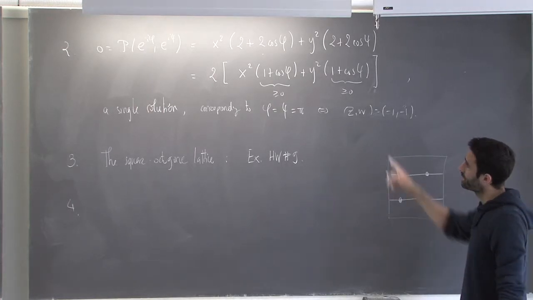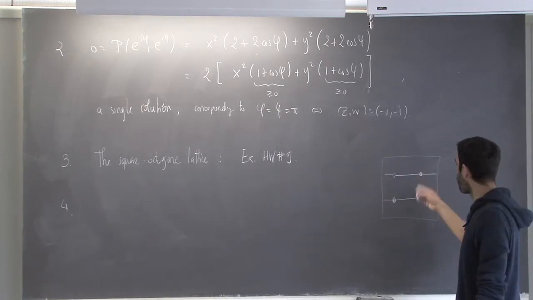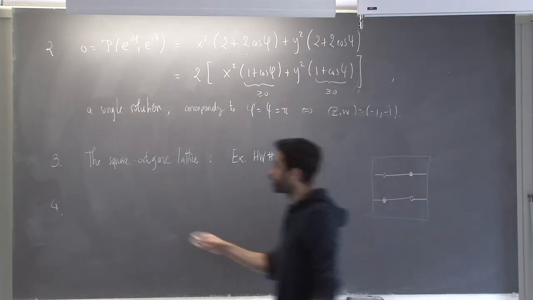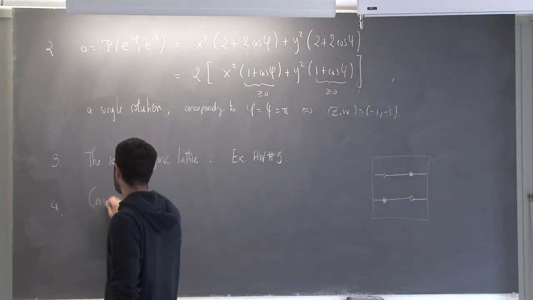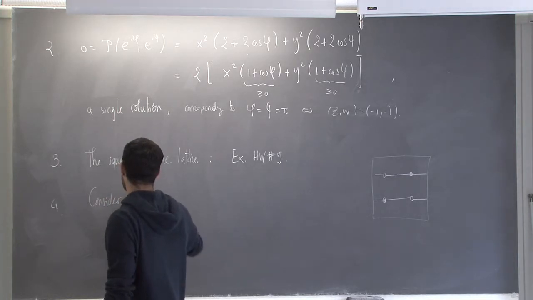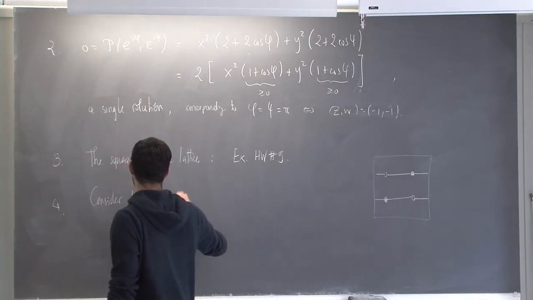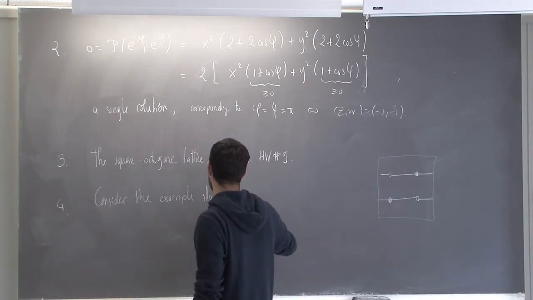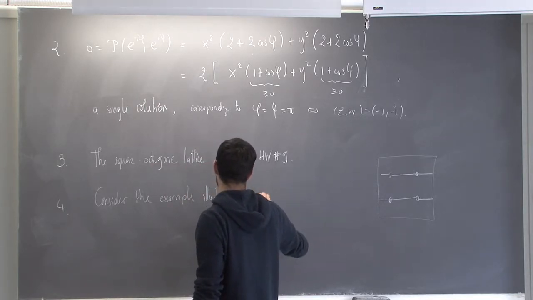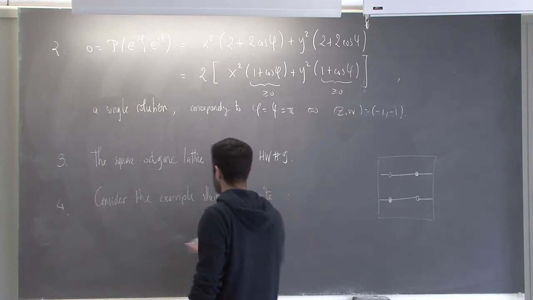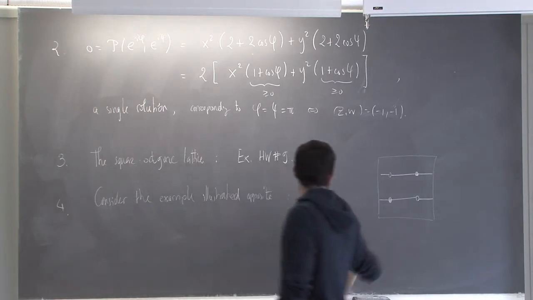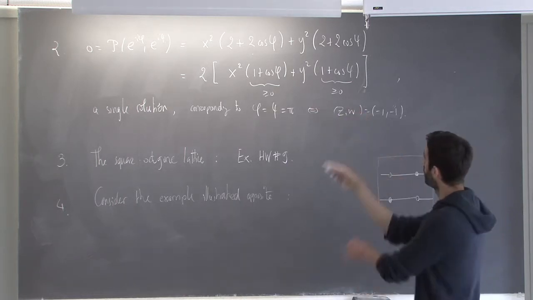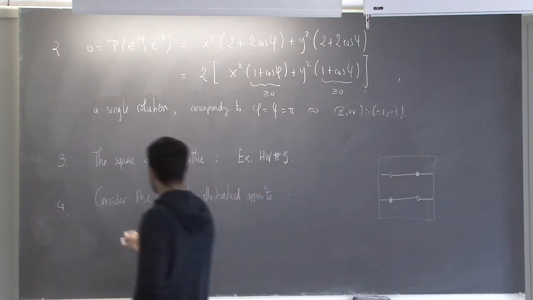If you wish, this is exactly the square lattice with y equals 0. So consider the example illustrated opposite. If I want to compute the characteristic polynomial, I can just take this polynomial here and set y equals 0. What do we have?